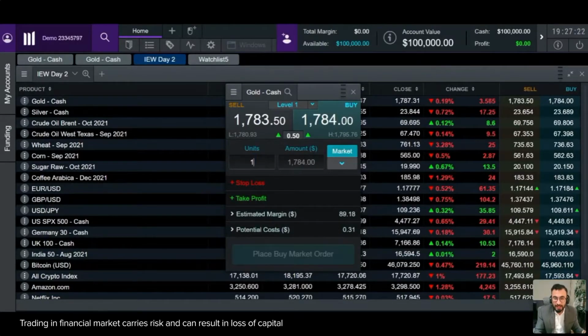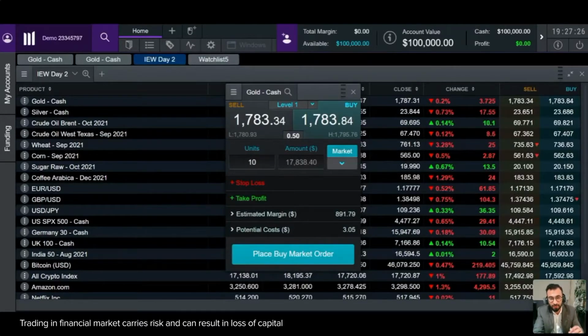If you write 10 units, which means 10 ounces, it is equal to $17,000. If you write 100 ounces, it shows you $178,000. Now, in my account, I have $100,000. So if I write 100,000 in the amount, it calculates the number of ounces for me automatically, right?